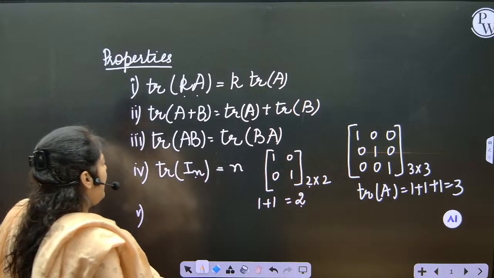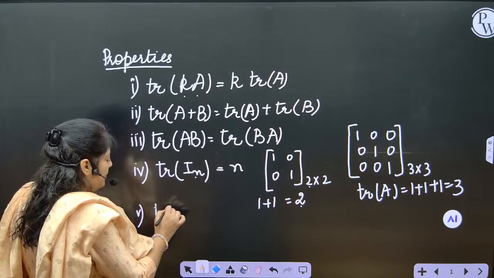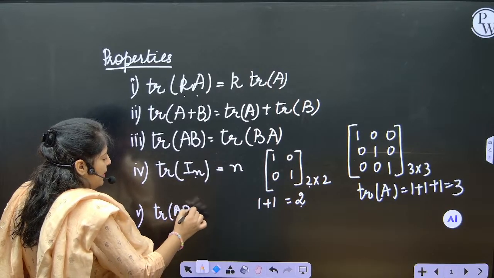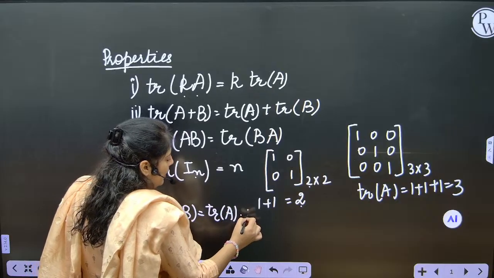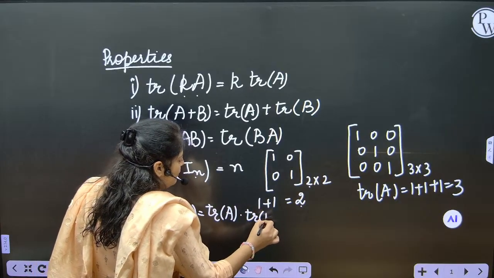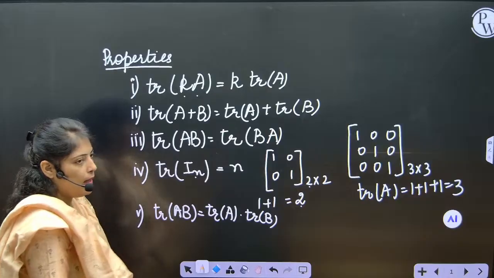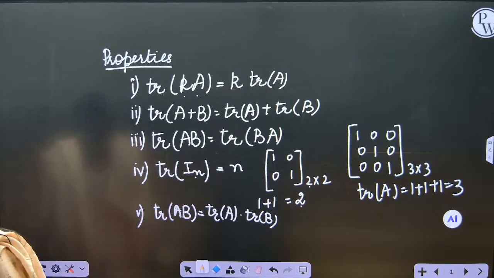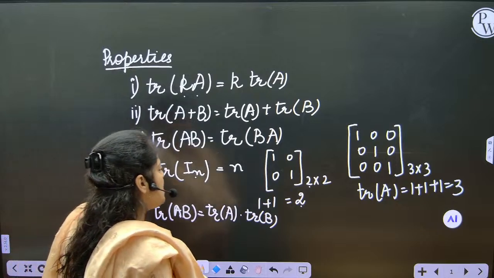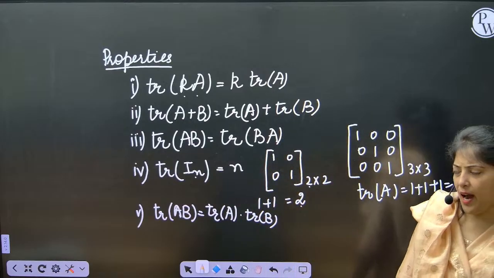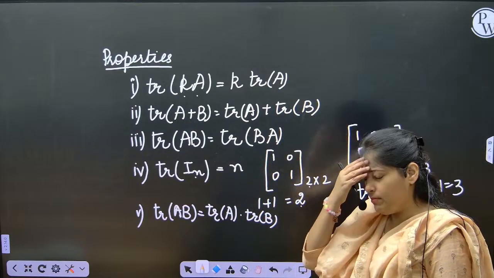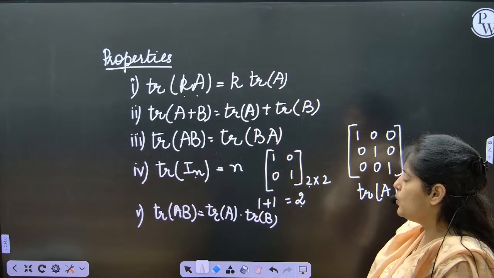Trace of AB is nothing but trace of A into trace of B as well. And of course, for ABC, BCA and CAB, all the traces will be equal.